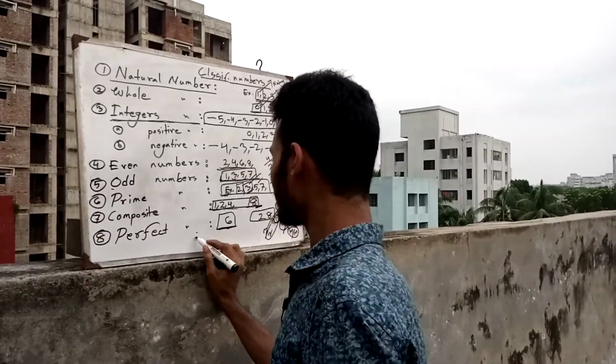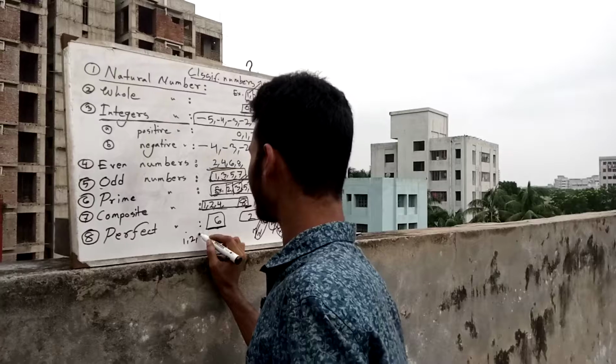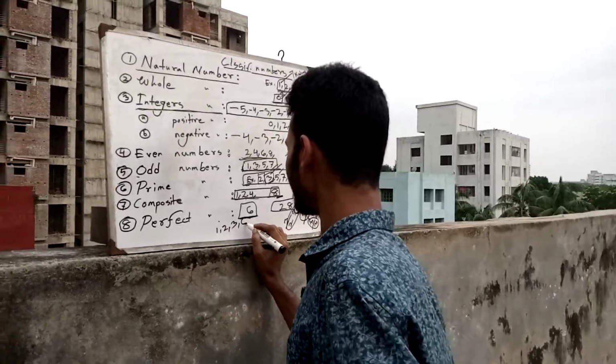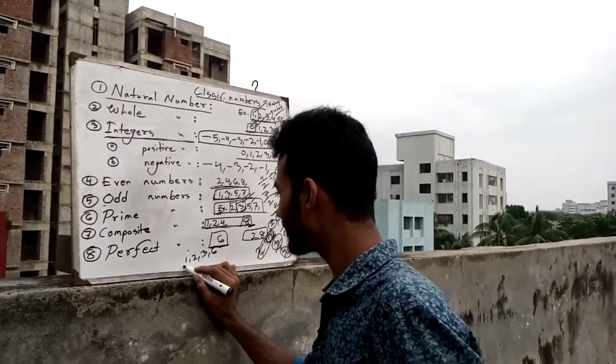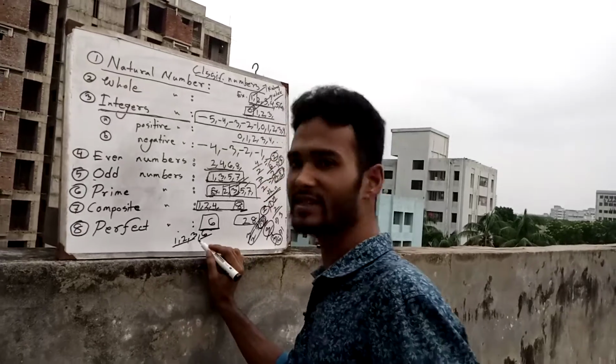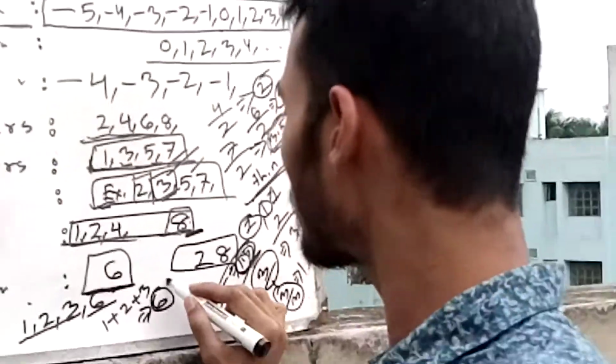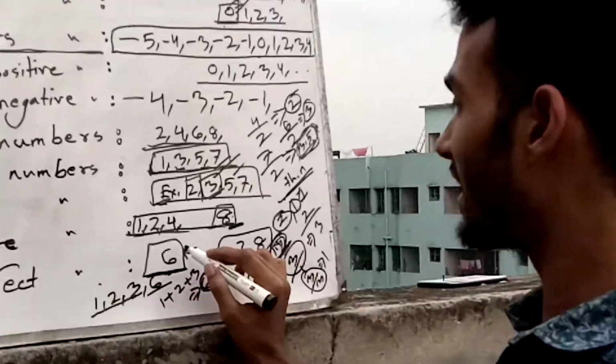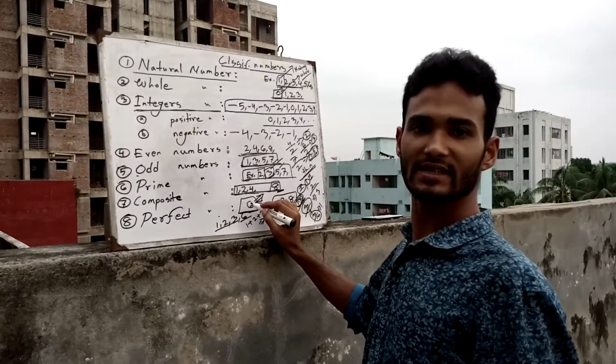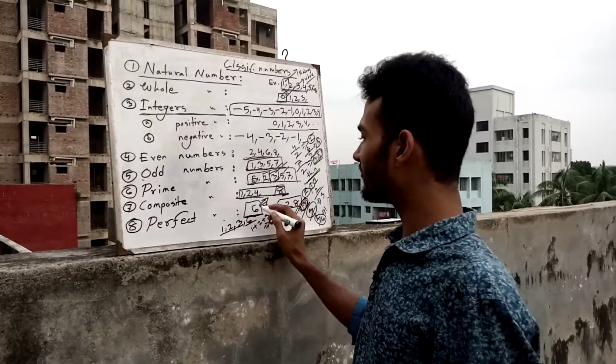The factors of 6 are 1, 2, 3 and 6 itself. But we have to add the other factors except 6. If we add 1, 2 and 3, we find 6, equal to the number. So it is a perfect number, 6.